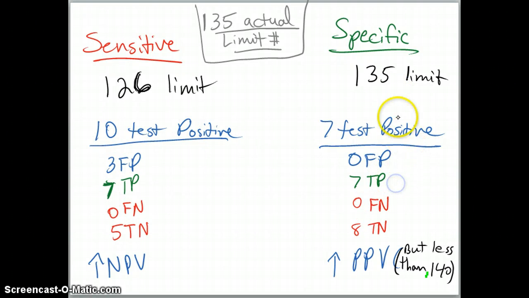Now over here, these people at 135, we know that 135 is the actual limit, so we know they absolutely have diabetes. But my point is, it's not 100% as if the 140 was. Okay, some of these folks could test positive because, let's say, they have some sort of infection that raises their blood sugar and you tested them during that time, or they took a certain medication, right? So 135 is not as certain as 140 is for them absolutely having diabetes.